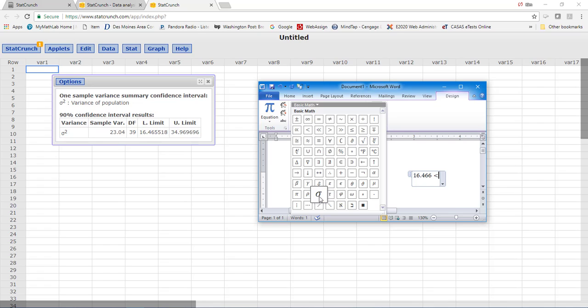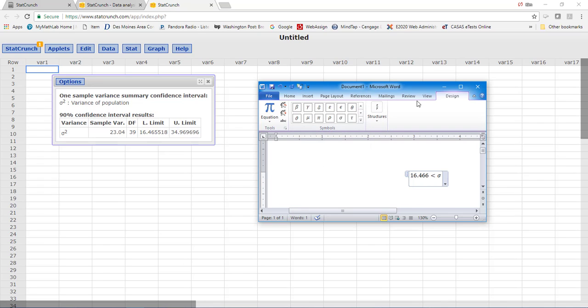So there's sigma, and then I need to do a superscript.